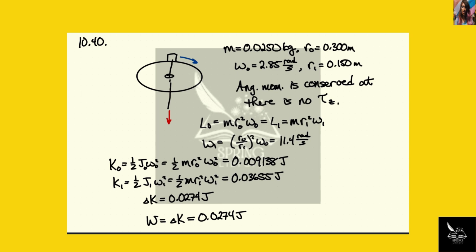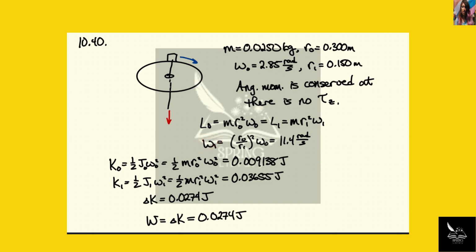So we can ask, what is the initial angular momentum? You can think of it as the mass moment about the rotation axis times the initial angular velocity, and that has to equal the angular momentum after we've pulled the string in. Now the mass moment has changed, so that's m r1 squared, and the angular velocity has also changed.